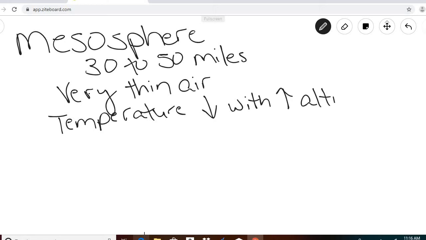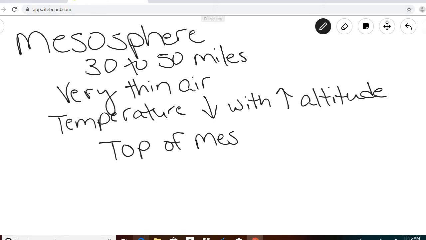So just like in the first layer, we're back to what it was like within the troposphere, where it gets colder as you go to higher altitudes. So by the time you get to the top of the mesosphere, the temperature will be about negative 150 degrees Fahrenheit.